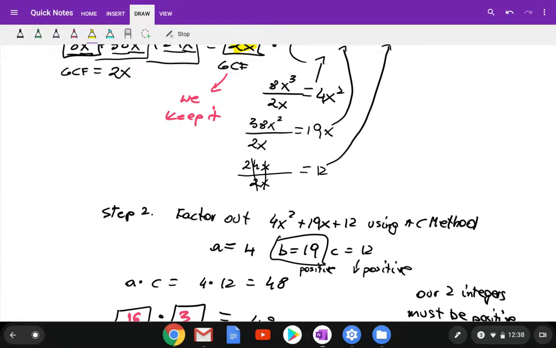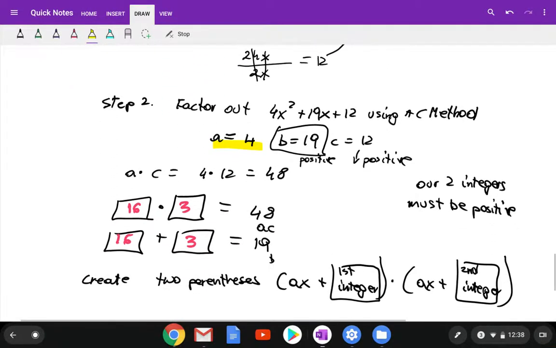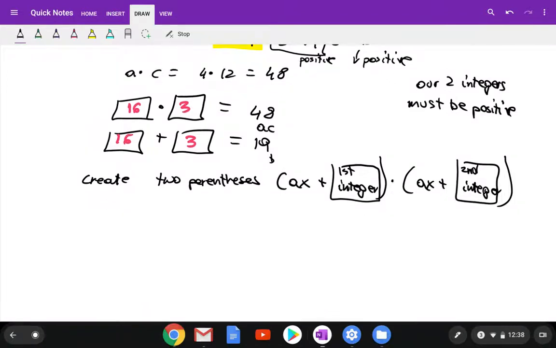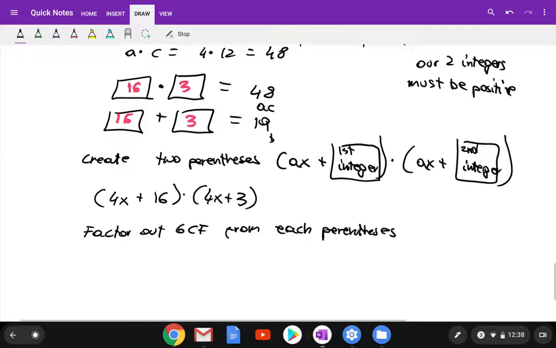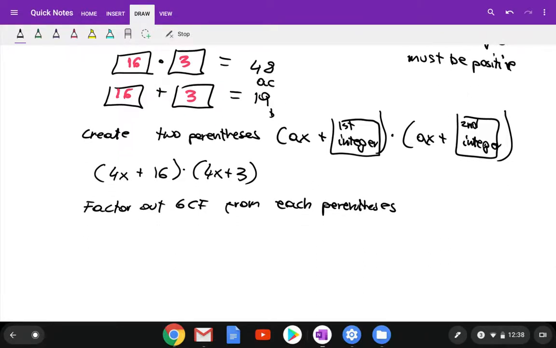A is equal 4, so we're going to have 4x plus 16 times 4x plus 3. Don't forget that you need to factor out GCF from each parenthesis. Okay, that's the AC method algorithm.